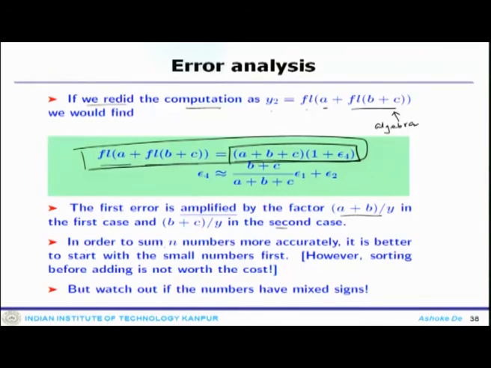And in order to sum n numbers more accurately, it is better to start with the small numbers first. But one has to be careful if the numbers have mixed sign. So, that is also an important condition to be noticed.